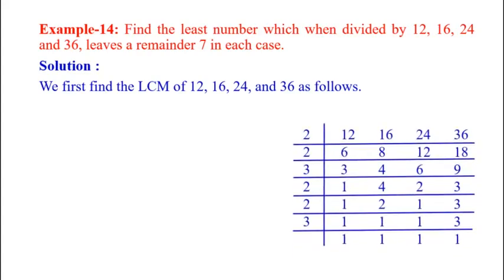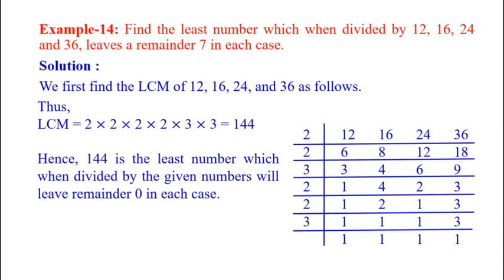So the LCM is equal to 2 into 2 into 2 into 2 into 3 into 3, that is equal to 144. This is the method of finding the LCM of 12, 16, 24 and 36, and this method is known as the prime factorization method.